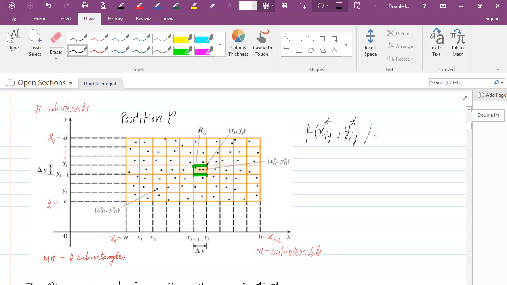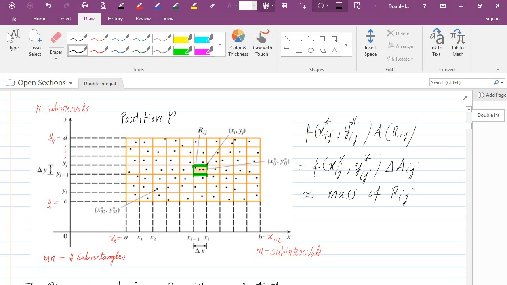So if I multiply that by the area of R i j, then this product, which is density multiplied by the area, is going to give me the mass of R i j. That is f of x i j star, y i j star times the area of R i j, which I'm going to call delta A i j, and this is approximately the mass of R i j.